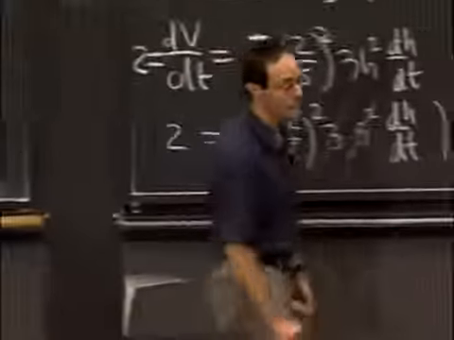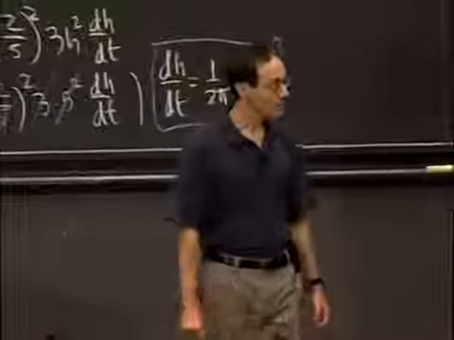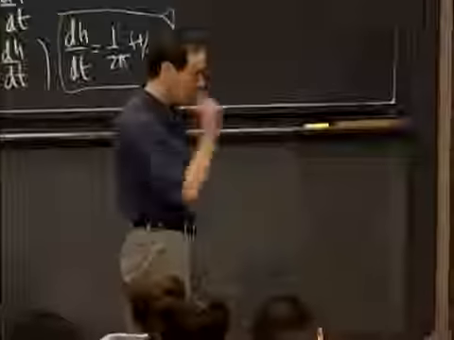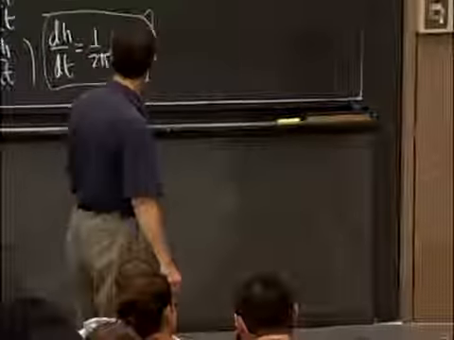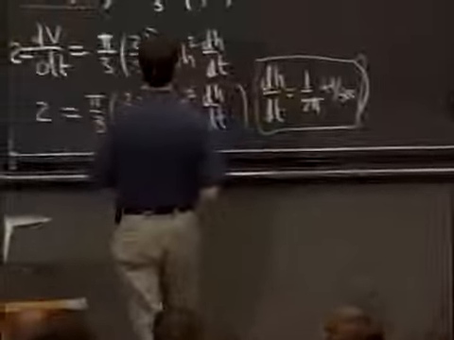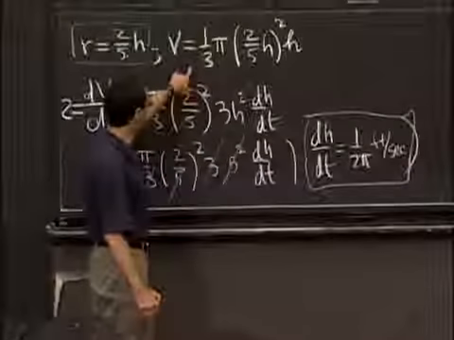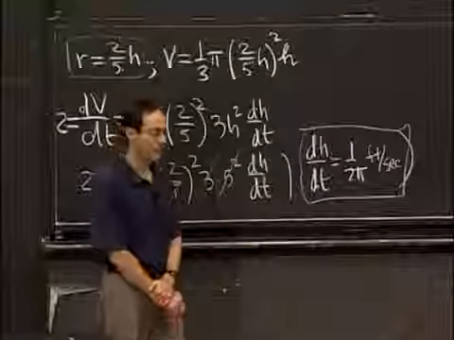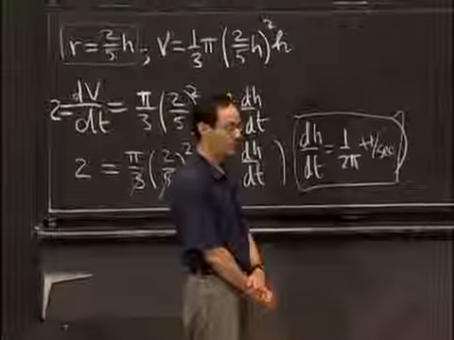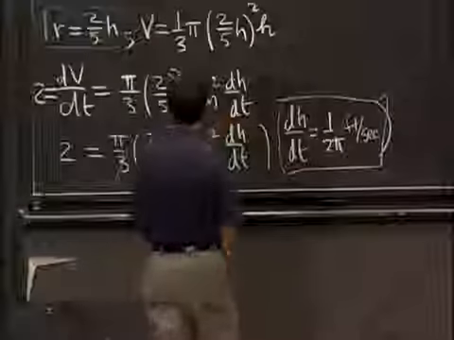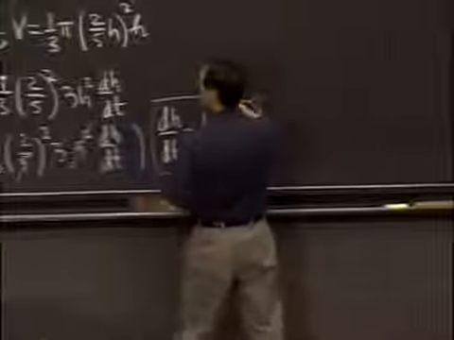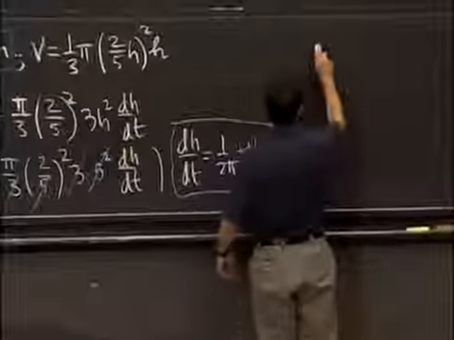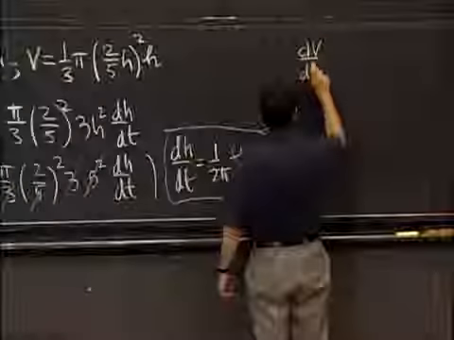Another question over here. The question was the following. Suppose you're at this stage. Can you write from here dV dh?